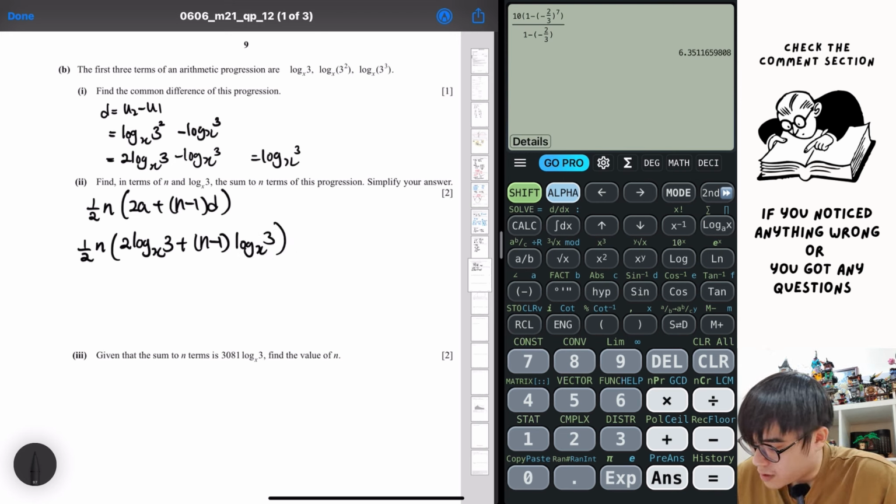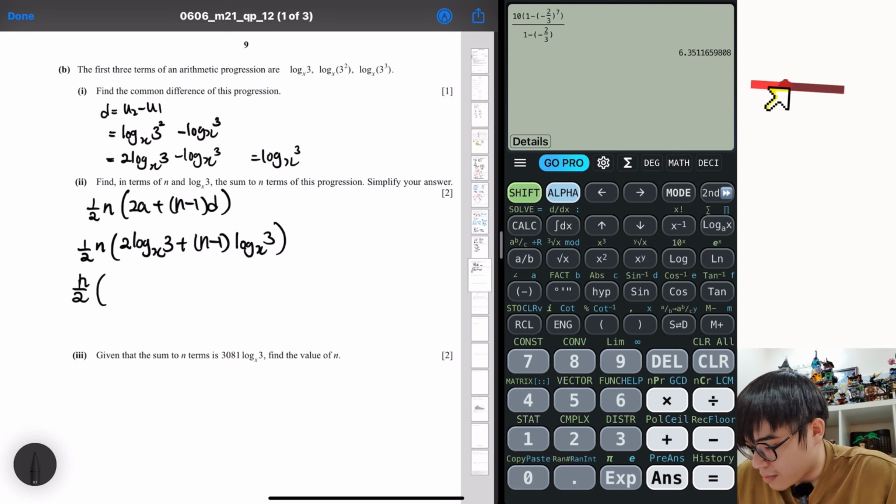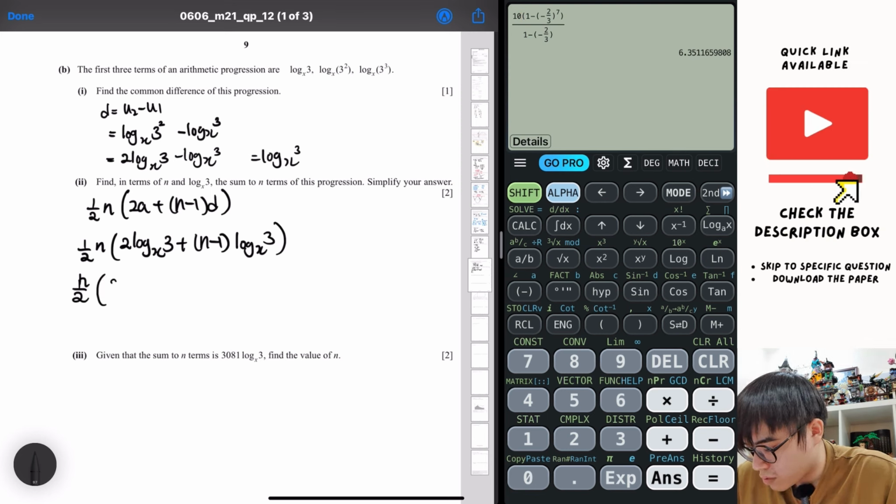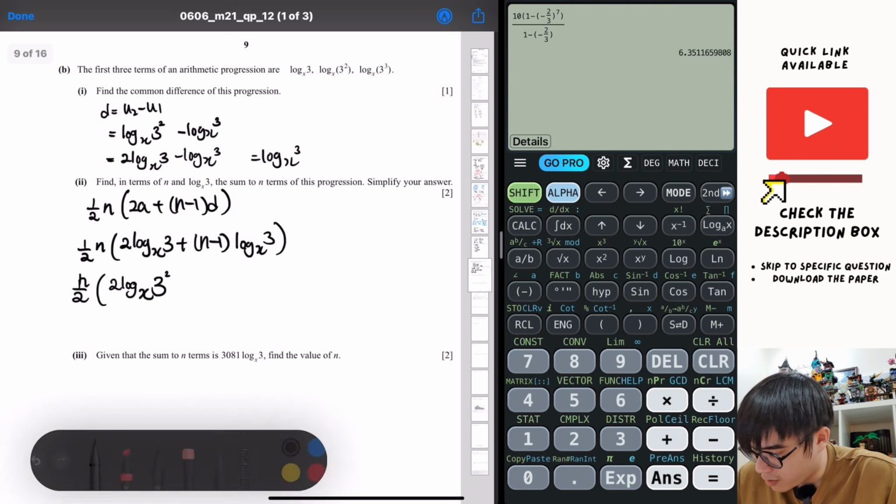So you will get your answer as 1 over 2 n, so I write it as n over 2 to simplify it first. As for the one at the back, we have 2 log x3 squared. I will get rid of the 2 at the front.